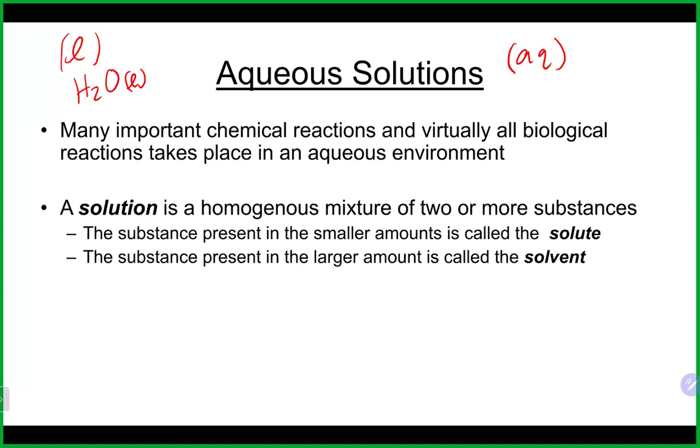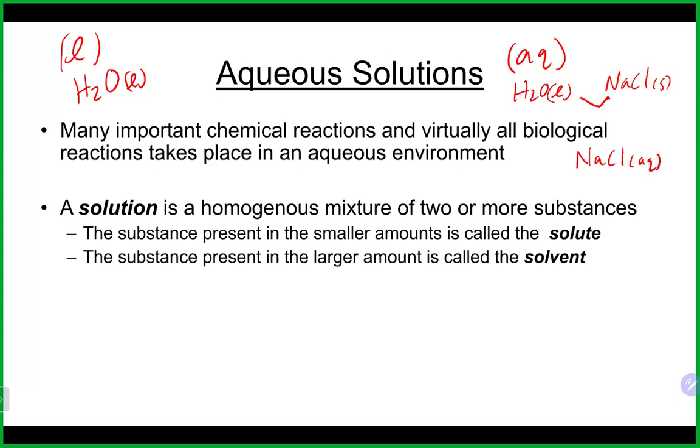Now the aqueous guy, which is a solution and in the liquid phase, is actually a mixture. It's actually a homogeneous mixture of 2 things. So for example, if you took water, which is a pure substance, and you took some sodium chloride, which is a solid, and you put them together, that salt would dissolve in the water, and you would end up with a sodium chloride solution that would have an aqueous symbol next to it.